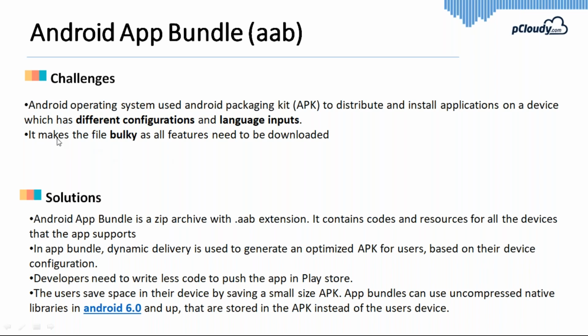So what actually it makes when we have all the configurations, because there are so many devices available in the market, there are so many different versions, different hardware and software configurations, different screen sizes, different regions, different languages, right? So whole lot of things, different processors, yeah. There are so many processors available even in the Indian market or in the US market.